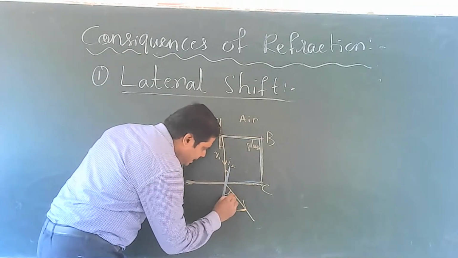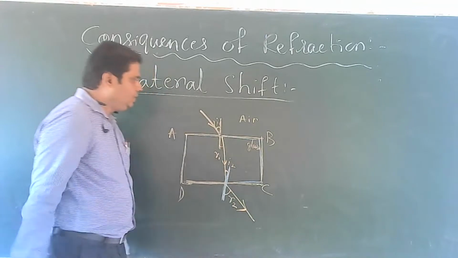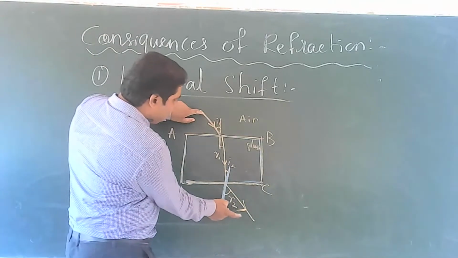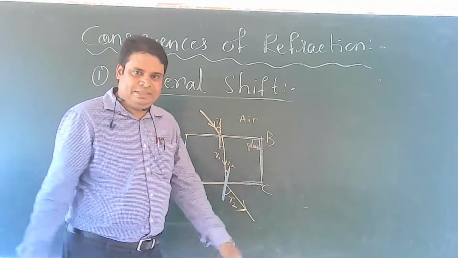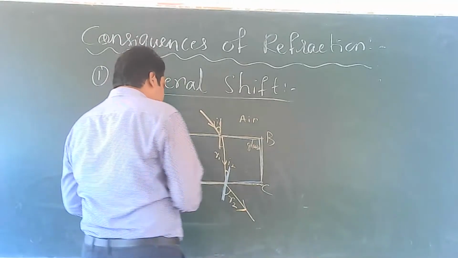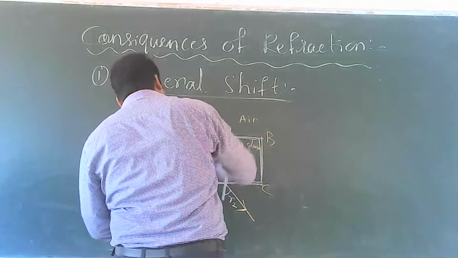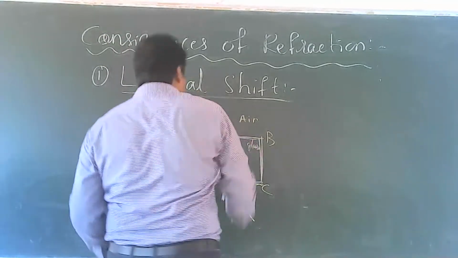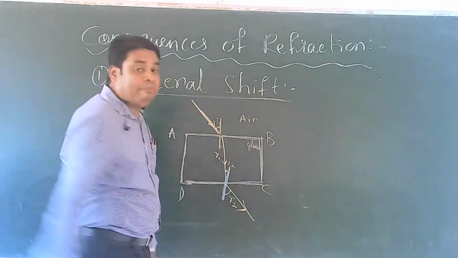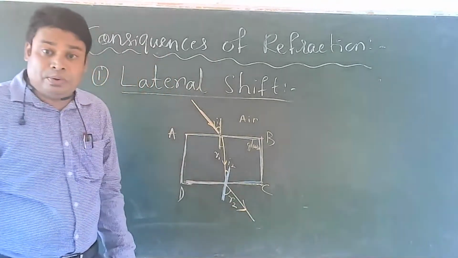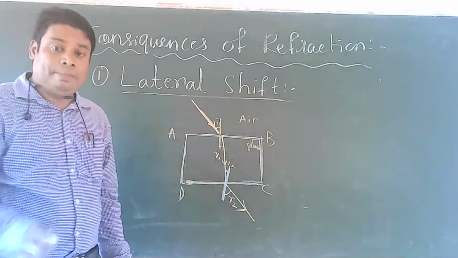This is the angle of refraction, say R2. We observe that I1 and R2 are parallel.